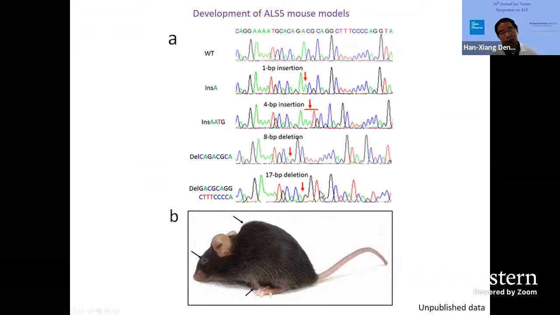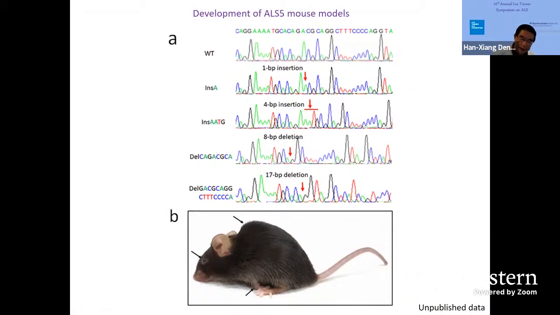So we kept the mice with the frame shift mutations, and we can see these mice develop disease. They hunch their backs and have eye infections, which means they cannot groom their eyes, and also have movement problems by about 1.5 years.